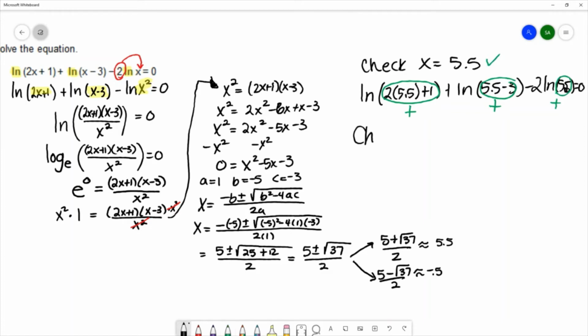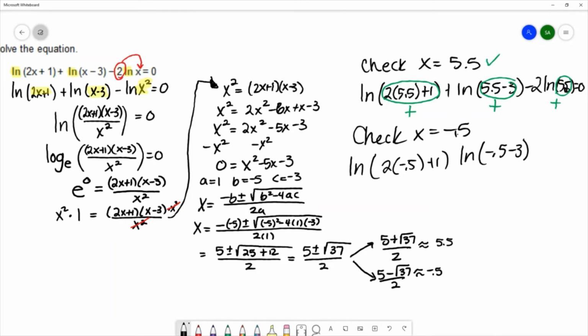The other solution of negative 0.5, we'll check that in the original. 2 times negative 0.5 plus 1, that is natural log of negative 0.5 minus 3 minus 2 times natural log of negative 0.5 equals 0.